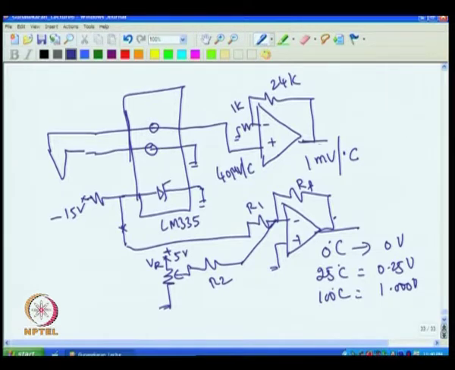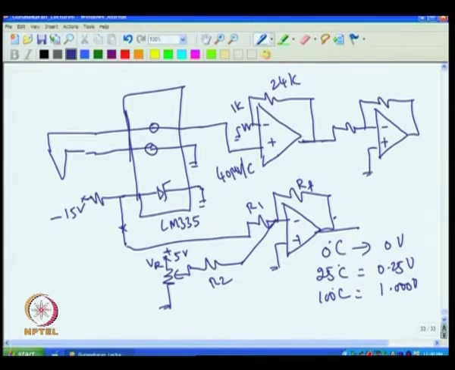Now we have to add these two to get the temperature information. That we can do with one summing amplifier. So what I can do is I can take this and sum it up. Of course this will reverse the thing, it does not matter, we can reverse it again if required.